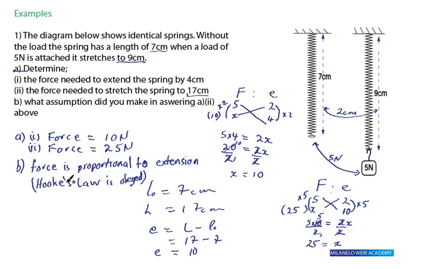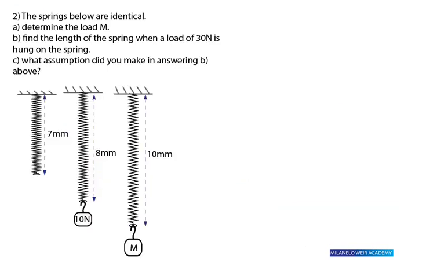Let's go to question number 2. The springs below are identical. Determine load M. Right, we are to determine this load. Remember, we have to work with this proportionality. That's the first thing that we need to establish. It's crucial.